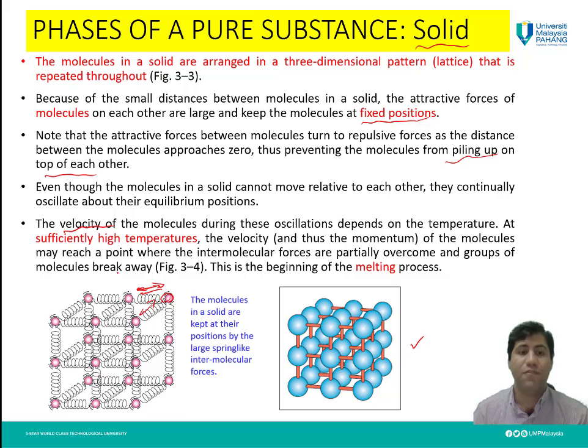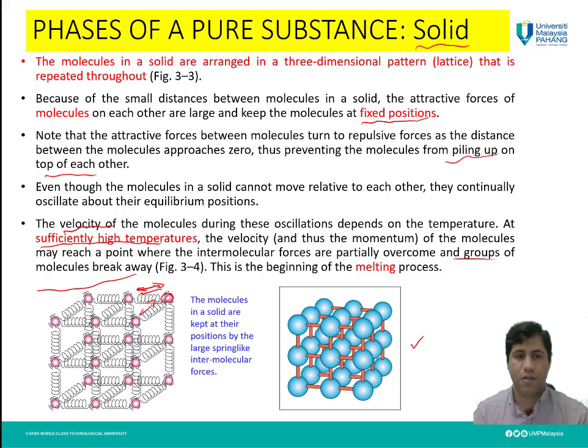At sufficiently high temperature, the velocity and thus the momentum of the molecules may reach a point where the intermolecular forces are partially overcome and groups of molecules break away.